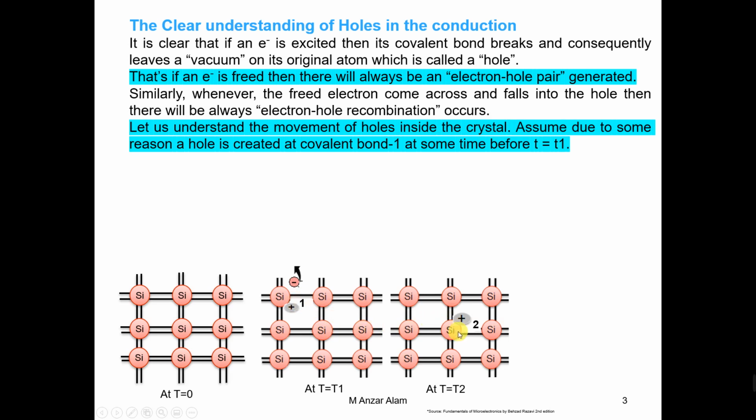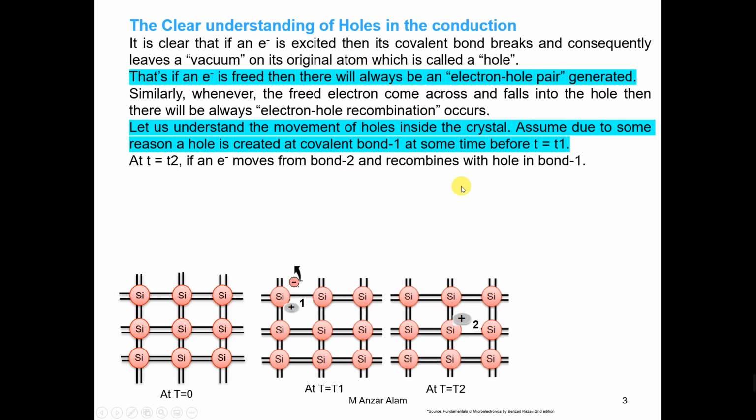Because this silicon atom has removed one electron, it will establish a positive charge at bond 2, and we can see that at bond 2 the bond is broken. Now at time t2, an electron moves from bond 2 and recombines with the hole in bond 1, the same as we have seen here.